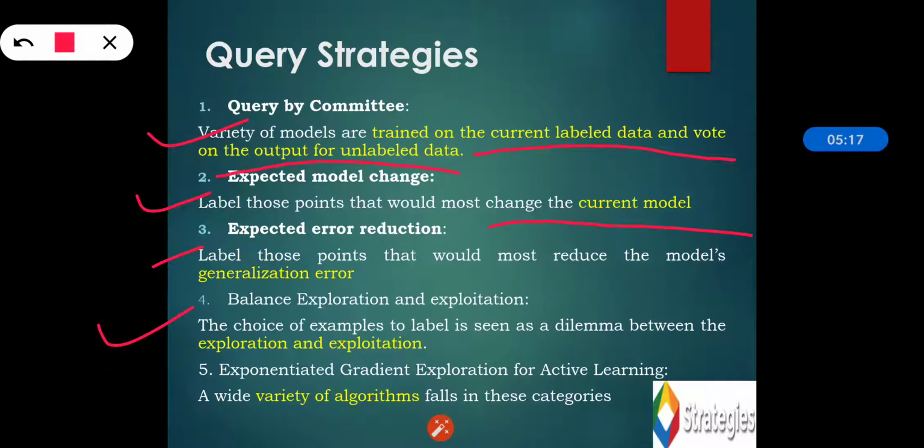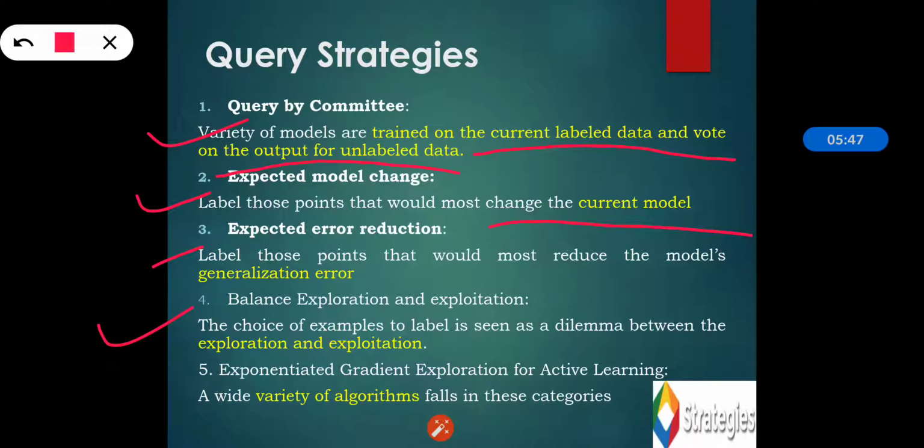Then balance exploration and exploitation. The choice of examples to label is seen as a dilemma between exploration and exploitation over the data space representation. There is a choice of examples, and there is a dilemma about what should be used, exploration or exploitation, when we are talking about data space representation. The strategy manages the compromise by modeling the active learning problem as a contextual bandit problem.